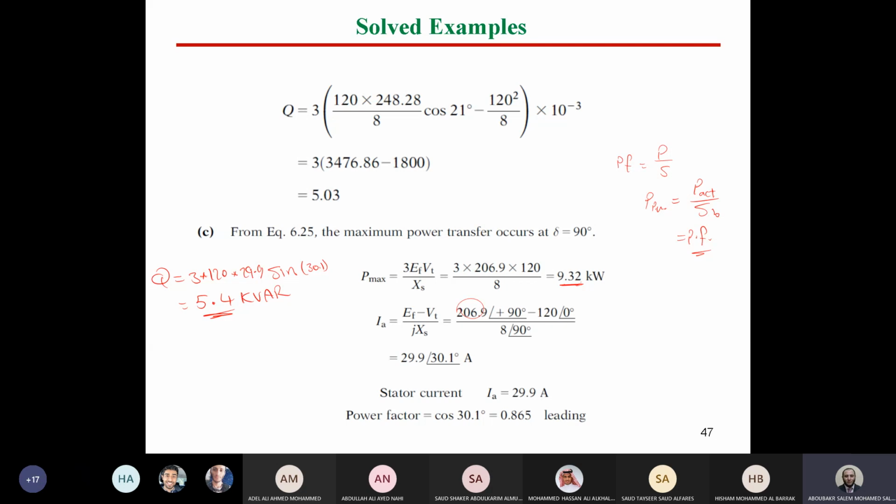So the apparent power, guys, at maximum, S at the condition of maximum power, meaning delta equals 90 degrees, this value of S here now is 10.8 kilovolt ampere. Of course, it's very high compared to the rated value.